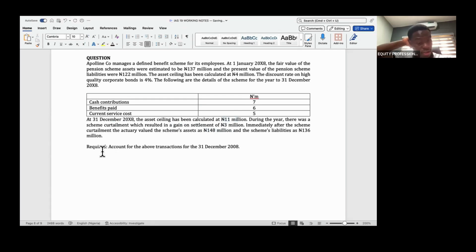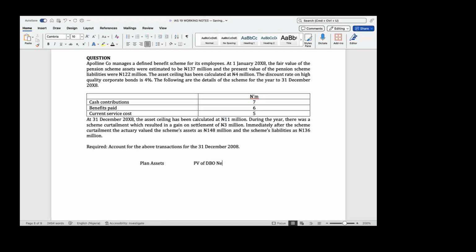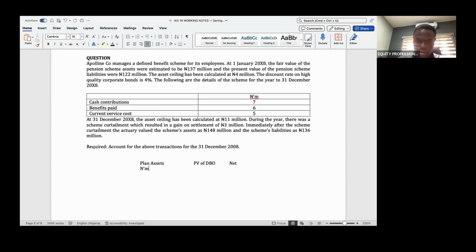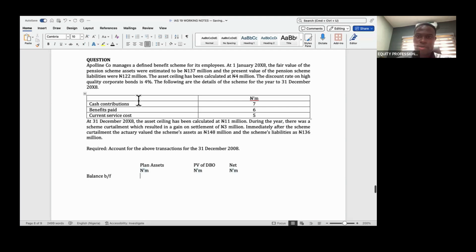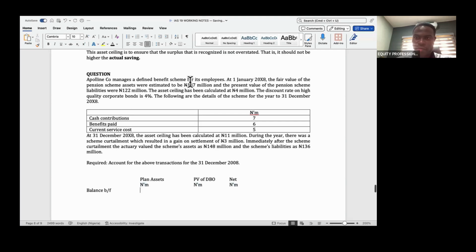So how do we do this? The same thing, we do our plan assets, we do our PV of DBO, then we do the net. So the balance at the beginning: for the scheme assets, 137.